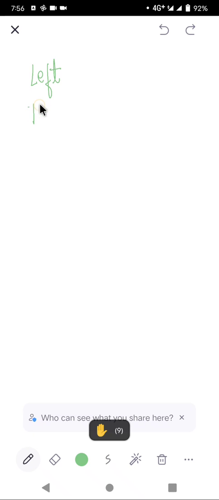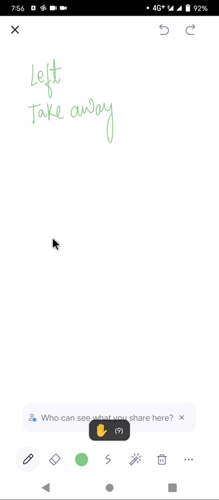Take away. Take away is also subtraction. If you take away a number from another number, then you need to perform subtraction.